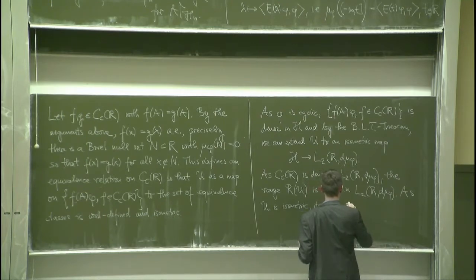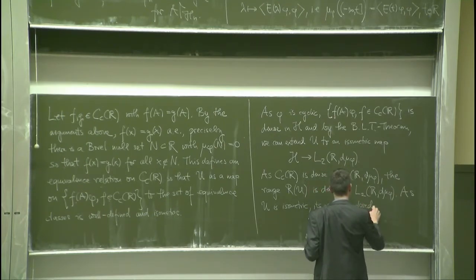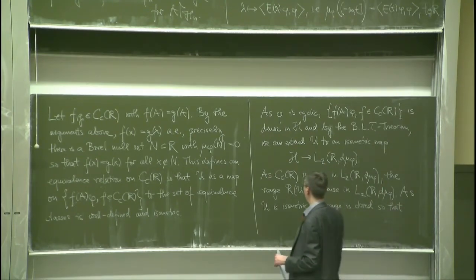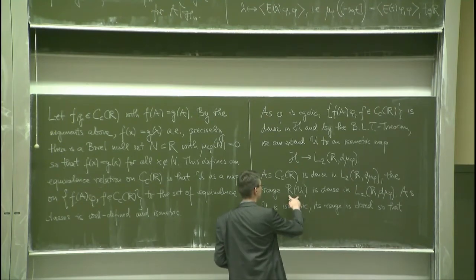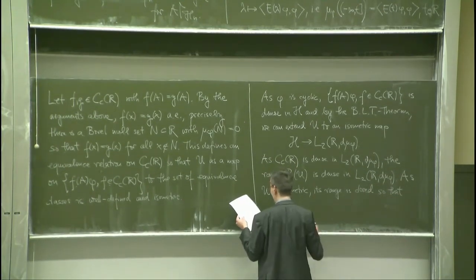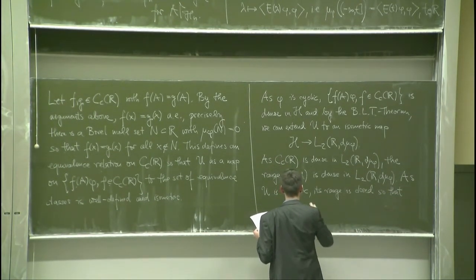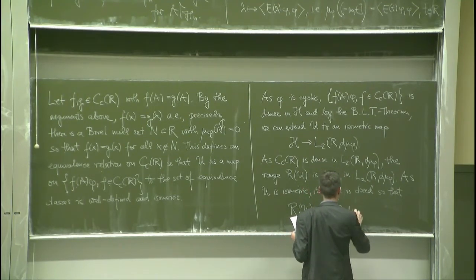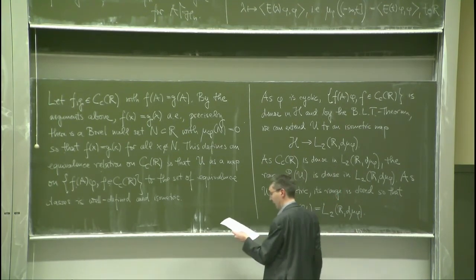So in fact we have a dense subset in L2, and we have the property that the range is closed, so that finally we must have that the range of U is equal to L2(R, d mu_phi).